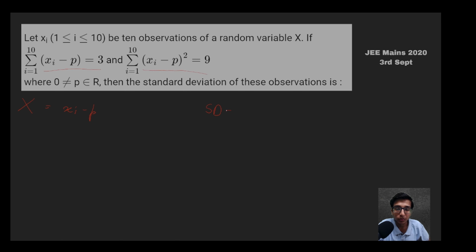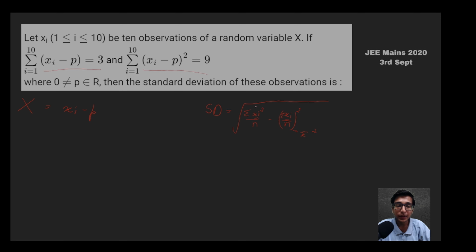And I hope you know the formula for standard deviation, which is root under sigma xi square by n minus sigma xi by n whole square. This can be written as mean of squares minus square of mean. And here if you look at the equations properly, you see xi minus p, that means the xi term has been provided to you, and xi minus p whole square, that means this term has also been provided to you.